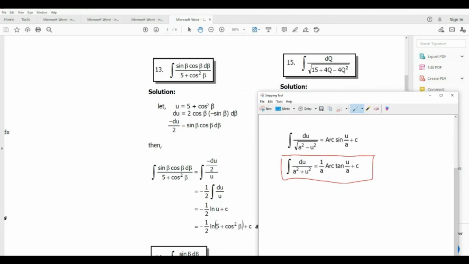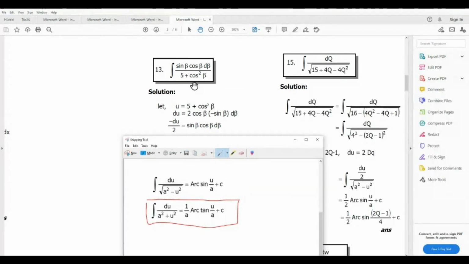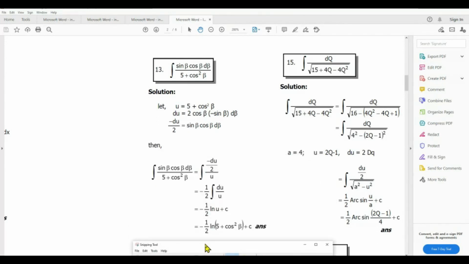Pwede yun, pwede yung isa. Kaya lang nagkataon na yung derivative ng cosine squared beta ay available doon sa numerator. So, ang nangyari dito, this will become logarithm.